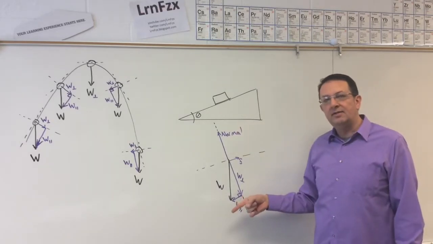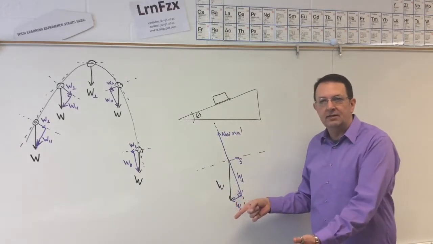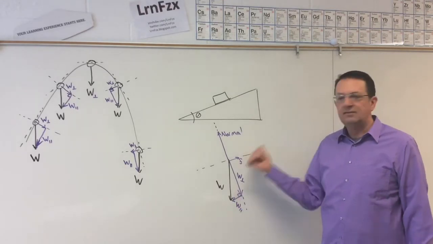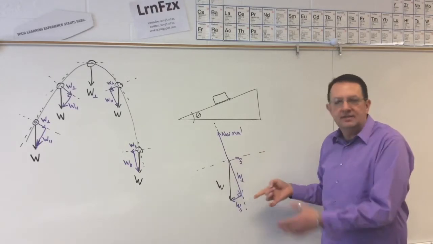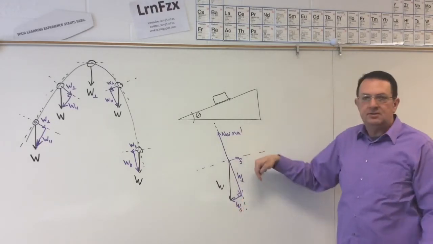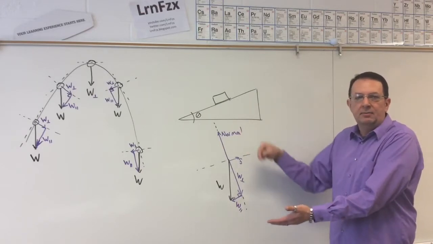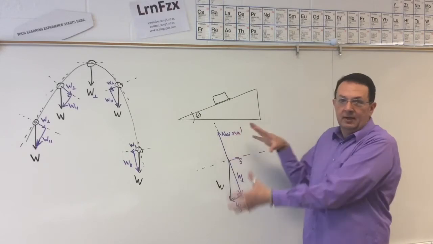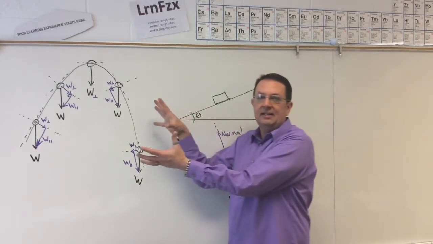And this parallel component pulls it down the incline. That's the net force pulling it down the incline, unless it's balanced by a friction force. Anyway, this is the contributor to the acceleration down the incline. And this other one doesn't really do anything other than push it into the incline and cause a normal force. So that idea translates directly into this.